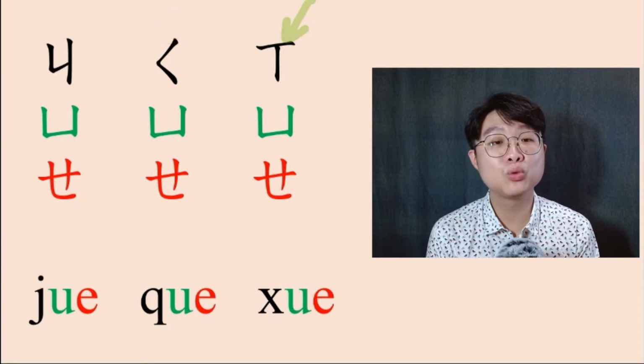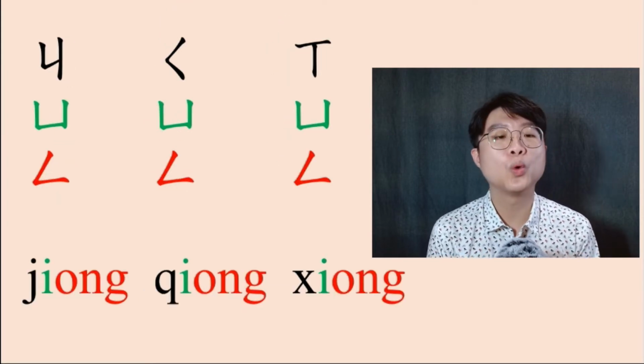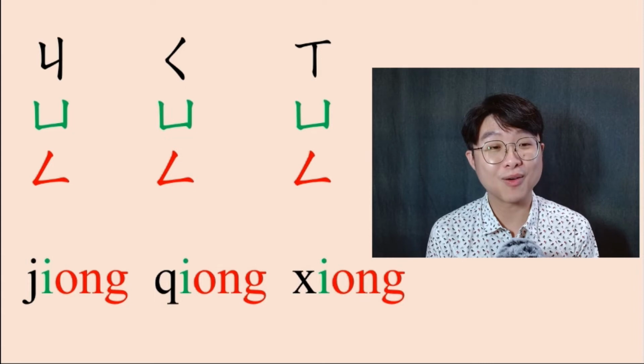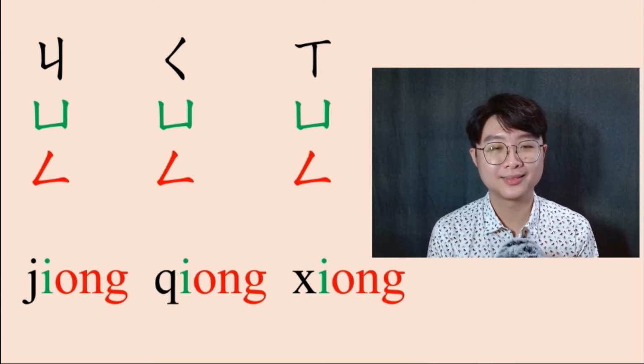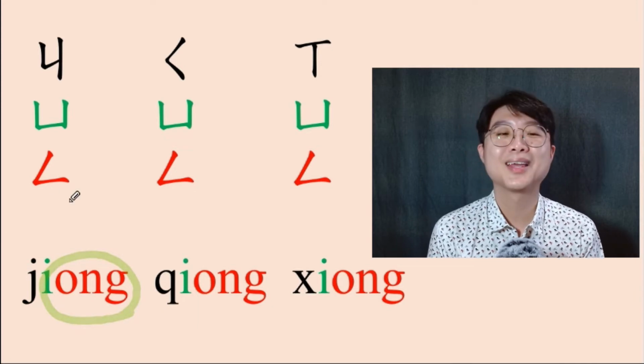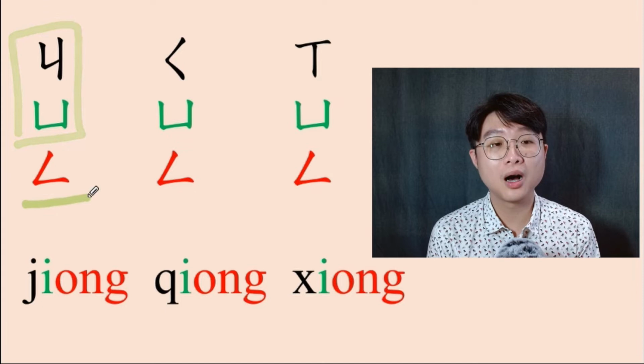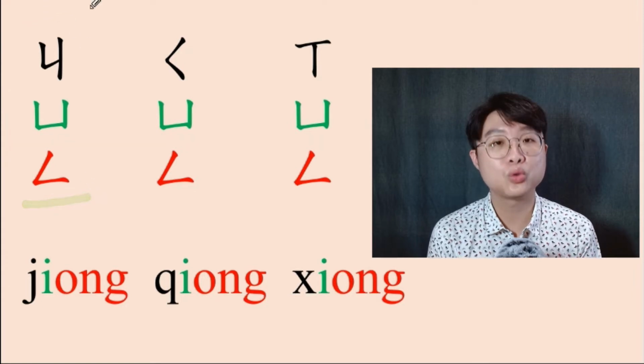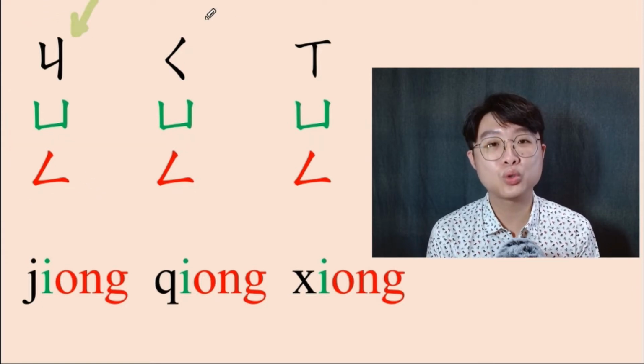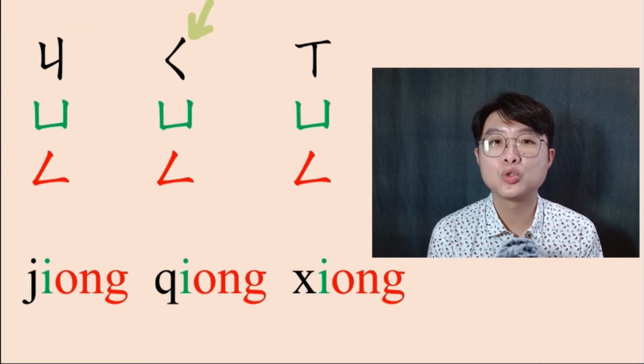And when ju, chu, shu go with the nasal vowel, ong, it goes like this. Ju, ong, jiong, qiong, xiong.